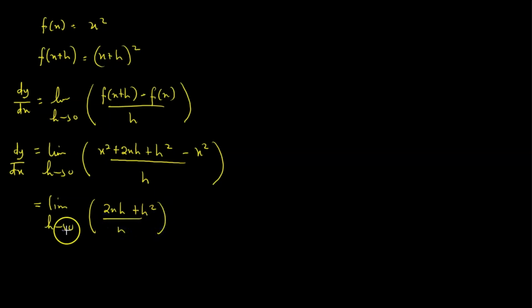So at this point, since the substitution still can't be possible, then we have to reduce this function in the form that we can do away with the h at the denominator. So we need to factorize out. So we'll have limit as h approaches 0 for h out, then 2x, because h multiplies 2x to give us 2xh, then plus h, because h multiplies h to give us h squared, all divided by h.